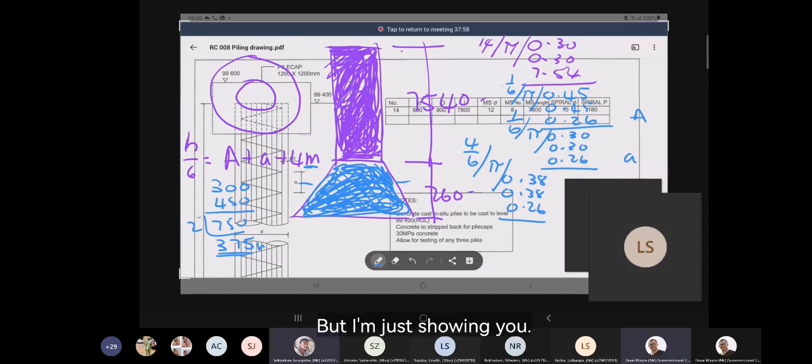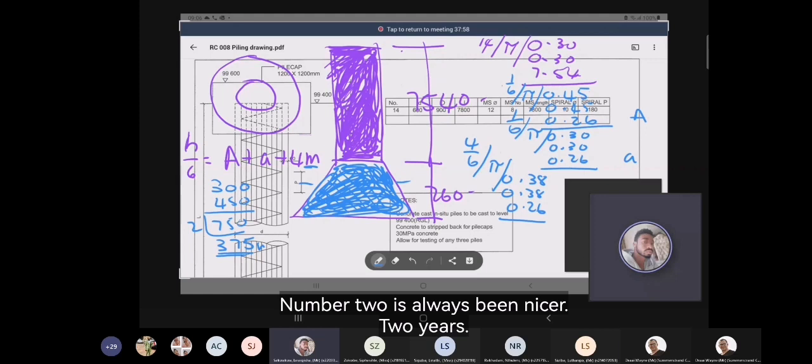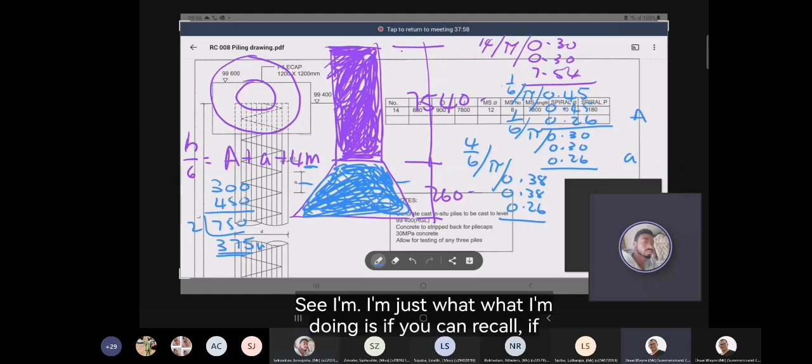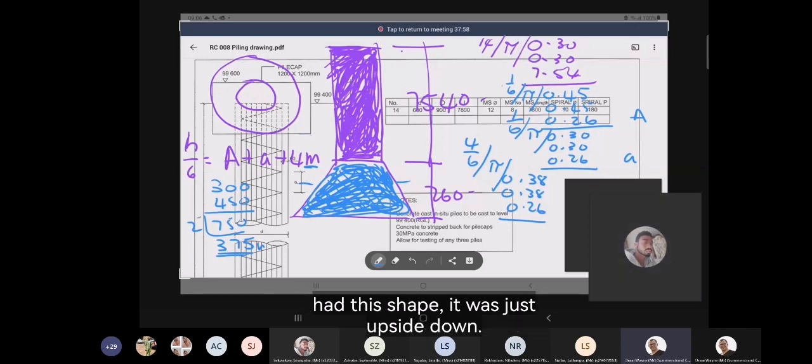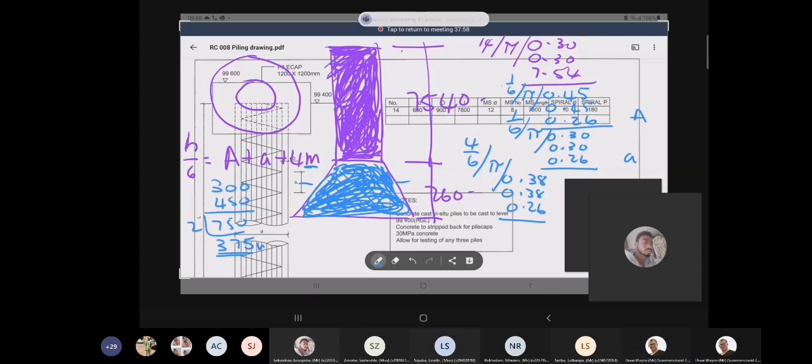But I'm just showing you. Number 2 has always been nicer to use. All I'm doing is, if you can remember, if you were in my class in first year, then we had this shape, it was just upside down. Mr. Sisiba?